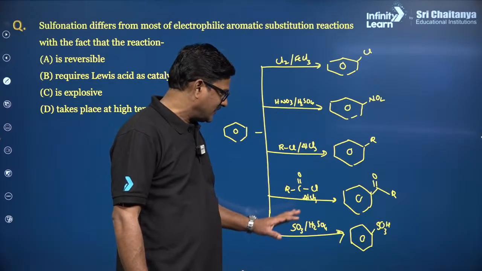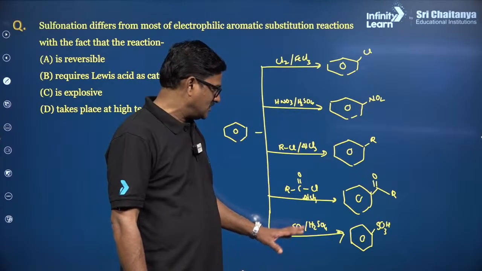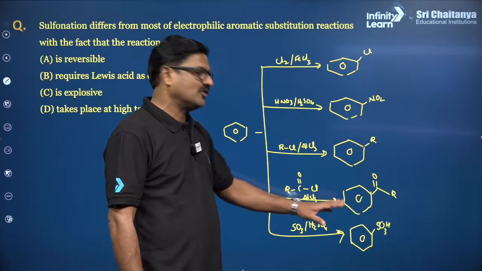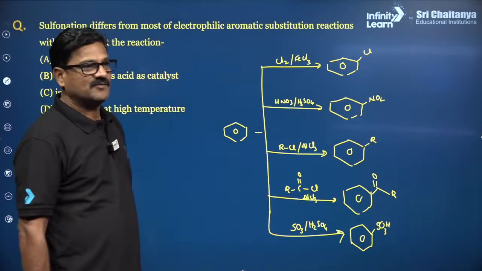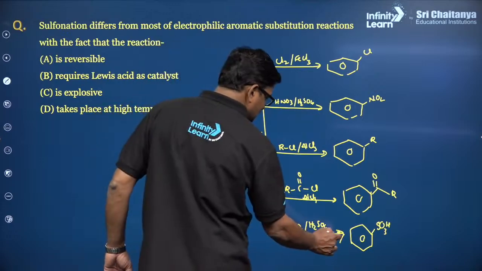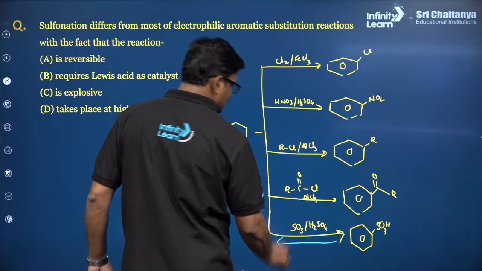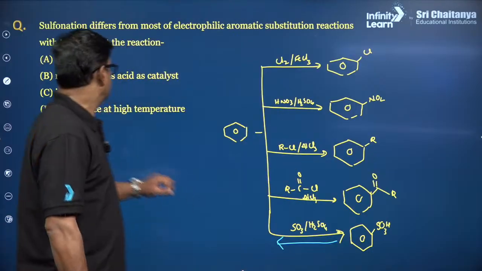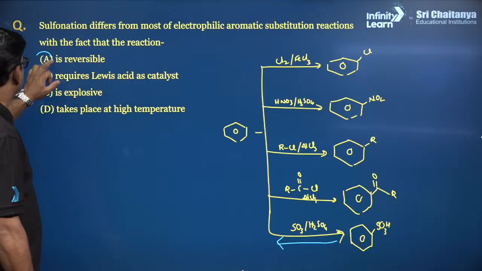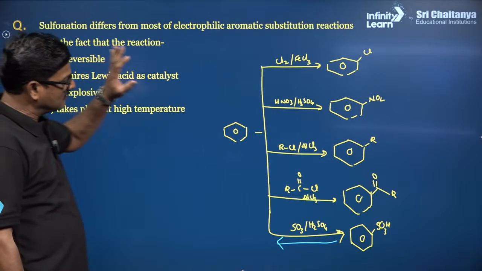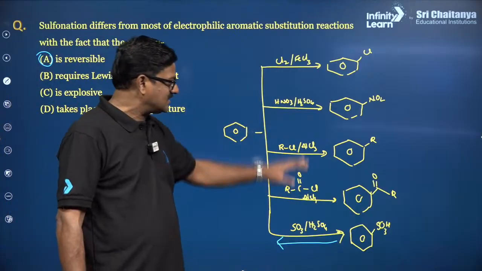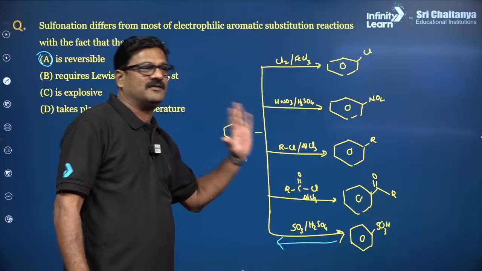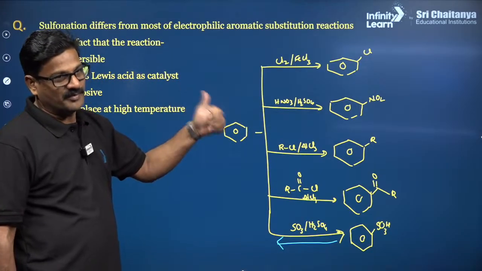And when it is sulfonation, you use SO3 as an electrophile, and you see benzene sulfonic acid, and this reaction is reversible, and these reactions are irreversible. So reversibility is the only scenario that makes the difference from the other reactions of benzene. You have only 5 major reactions of benzene. Hope you understand. Clear?